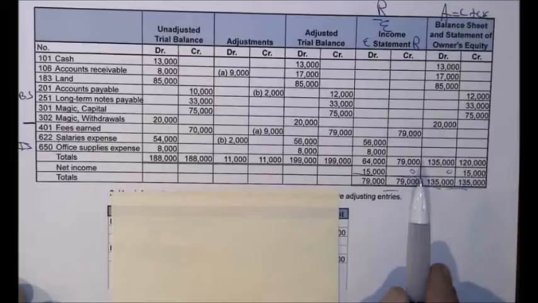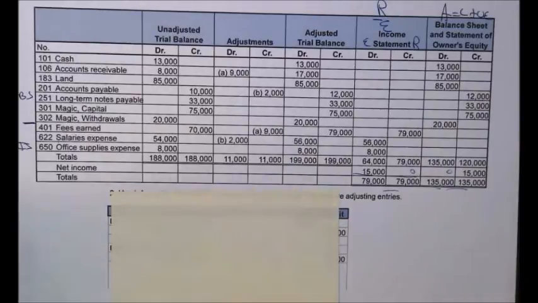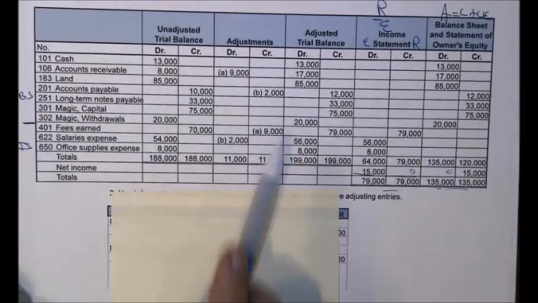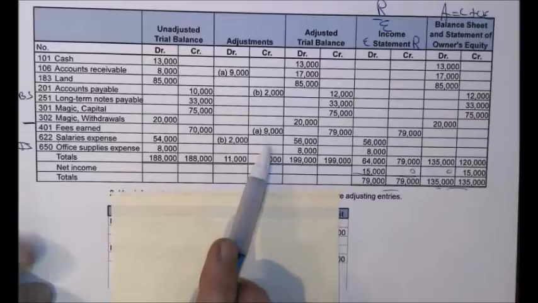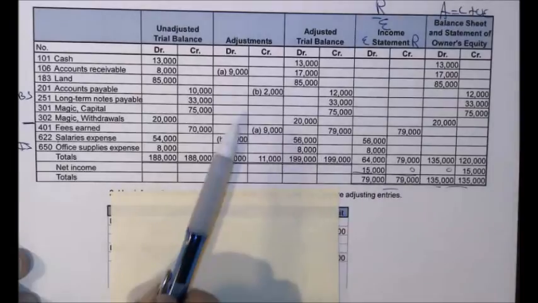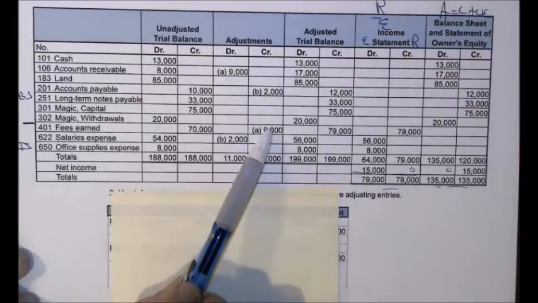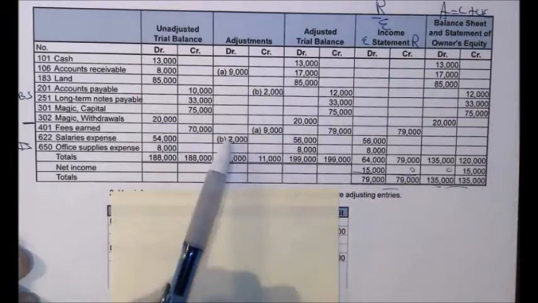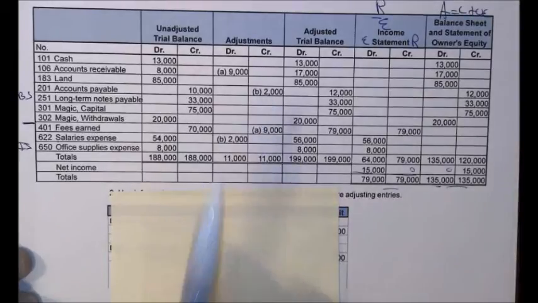So this is the worksheet. This is a tool at the end of the period that we use to gather everything together in one spot, right? Now, it's not really part of the accounting system, right? It's not the journal or the ledger. So we have to take these adjusting entries and get them into our journal and post them to the general ledger. So remember, what did we do? We debit accounts receivable, credit fees earned, and we debit salary expense, and we credit accounts payable, right?